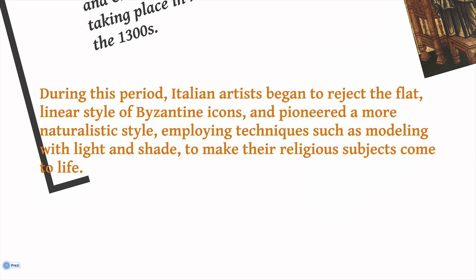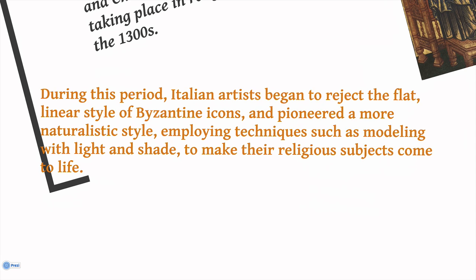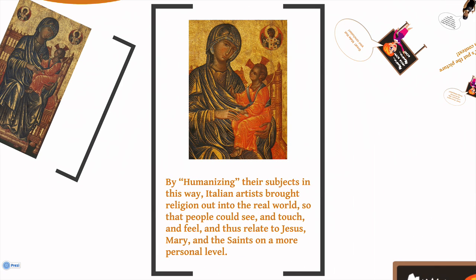During this period, Italian artists began to reject the flat, linear style of Byzantine icons and pioneered a more naturalistic style, employing techniques such as modeling with light and shade to make their religious subjects come to life. By humanizing their subjects in this way, Italian artists brought religion out into the real world so that people could see and touch and feel and thus relate to Jesus, Mary, and the saints on a more personal level.